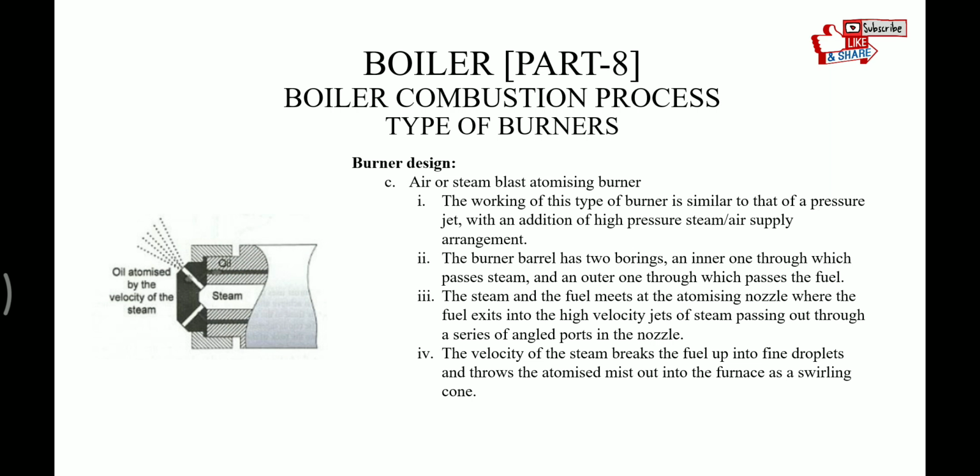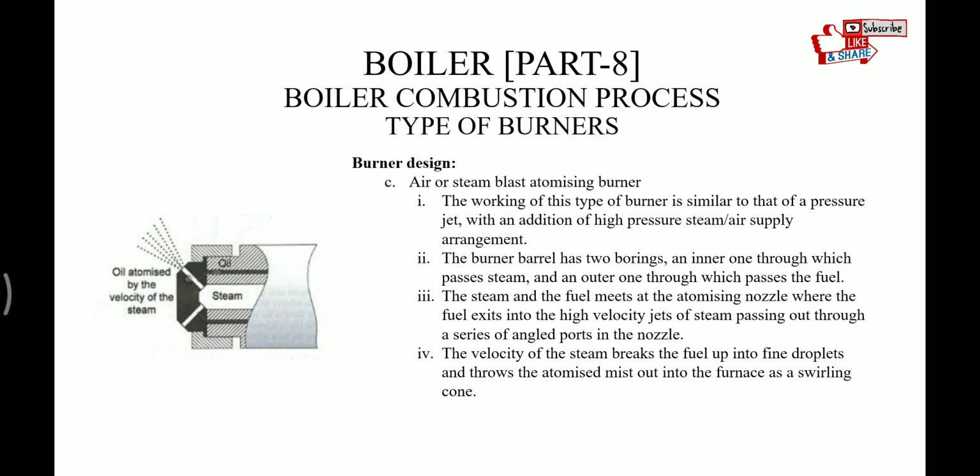Third is air or steam blast atomizing burner. Working of this type of burner is similar to that of the pressure jet with an addition of high pressure steam or air supply arrangement. The burner barrel has two borings, the inner one through which passes steam and an outer one through which passes oil.